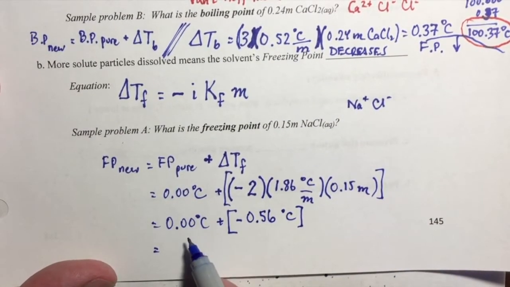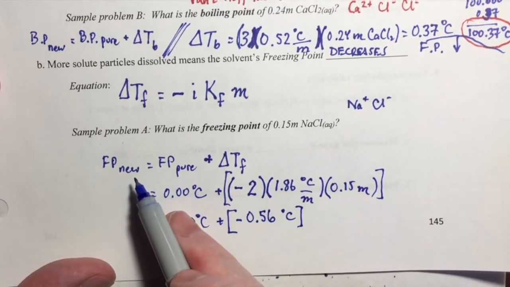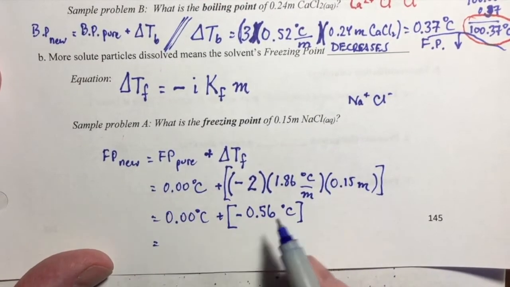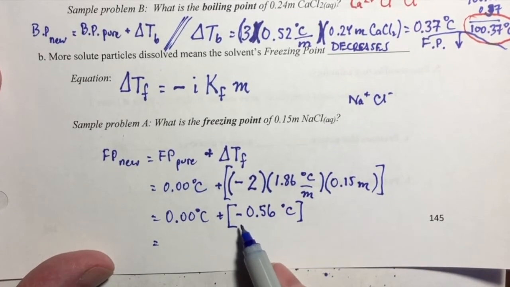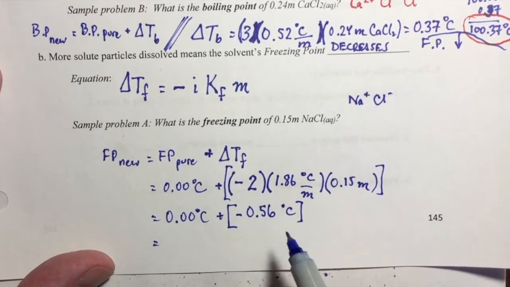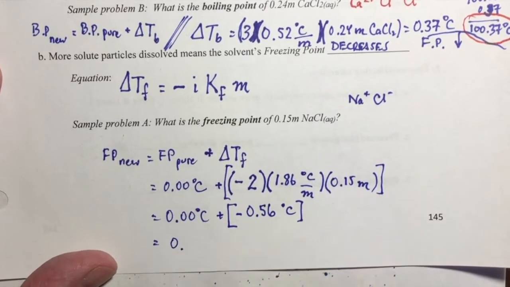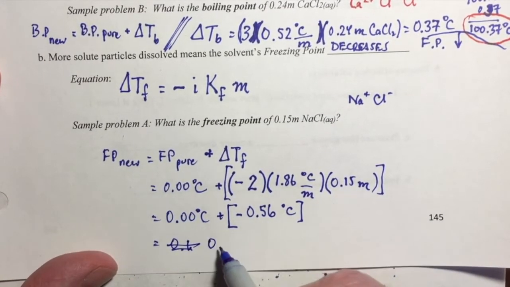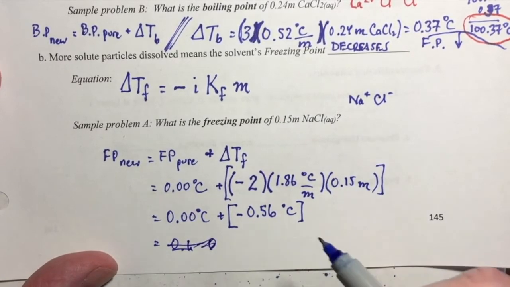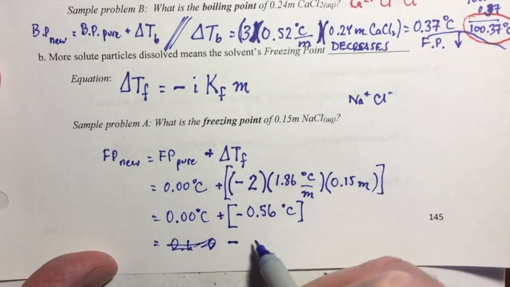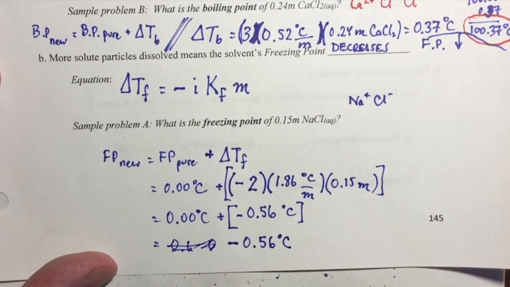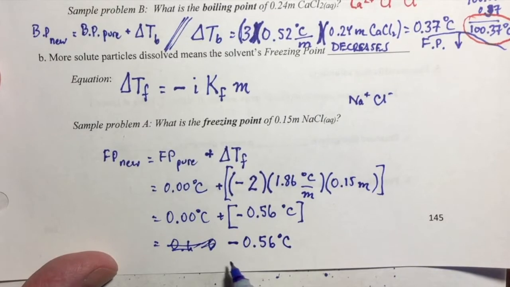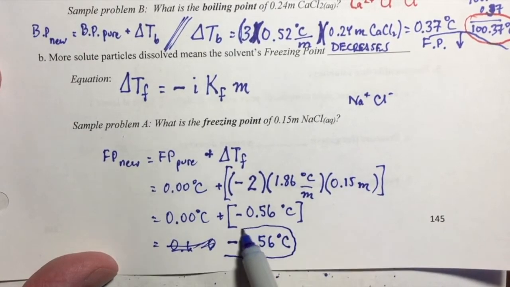So what is my new freezing point of this solution? It's my original freezing point plus the change. The change is a negative value, so I will subtract this, and I will get negative 0.56 degrees Celsius.